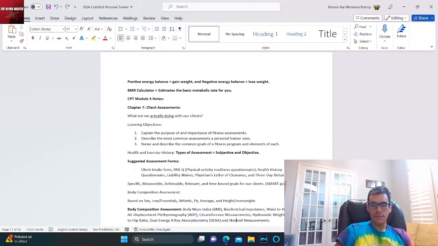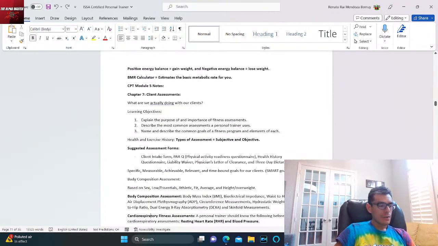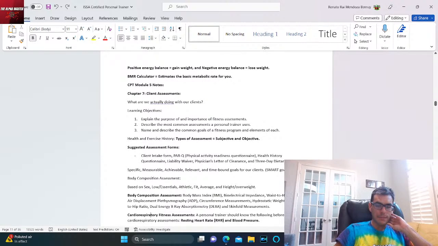And finally you have the skin fold measurements. Now you have different cardiorespiratory fitness assessments.